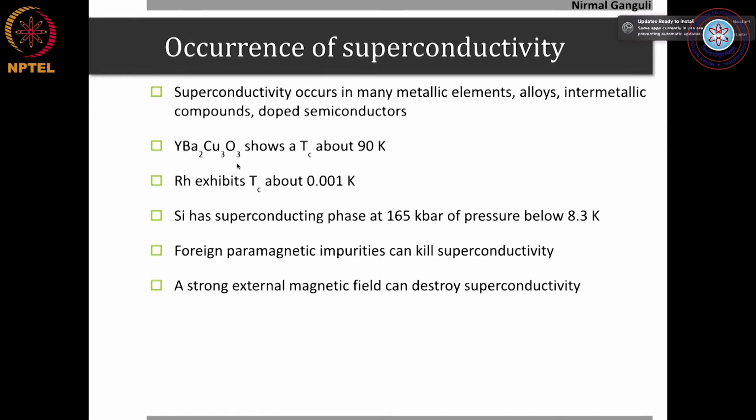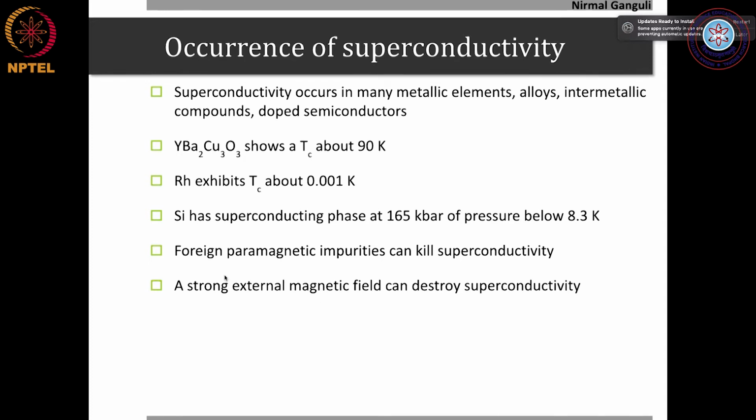YBa2Cu3O7, this compound has a superconducting critical temperature of about 90 Kelvin, pretty high, and rhodium on the other hand has a tiny superconducting critical temperature of 0.001 Kelvin. Silicon can become superconducting at a moderate temperature of 8.3 Kelvin at 165 kilobar of pressure, which is extremely high pressure.